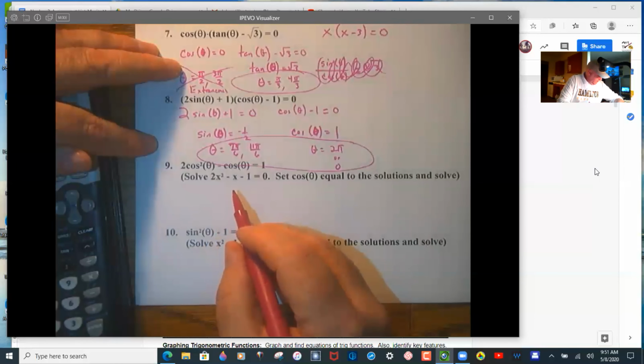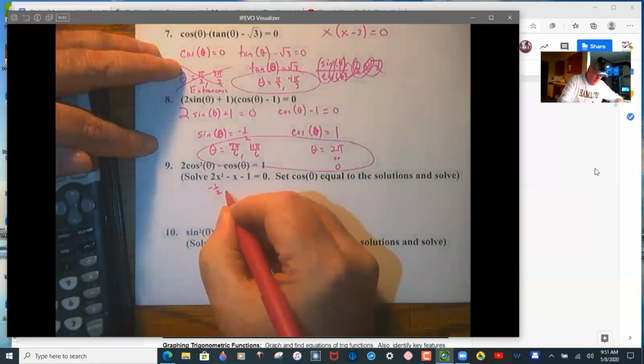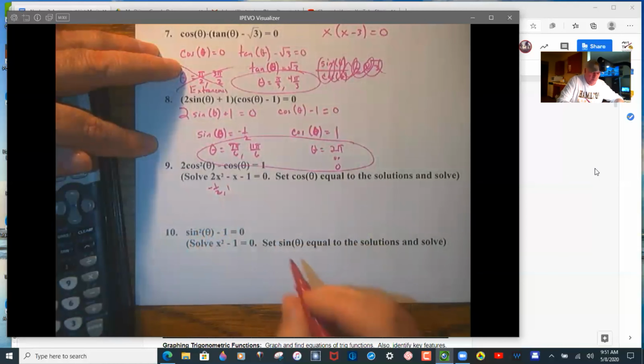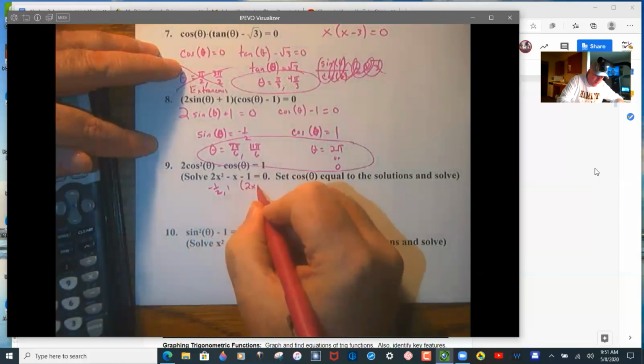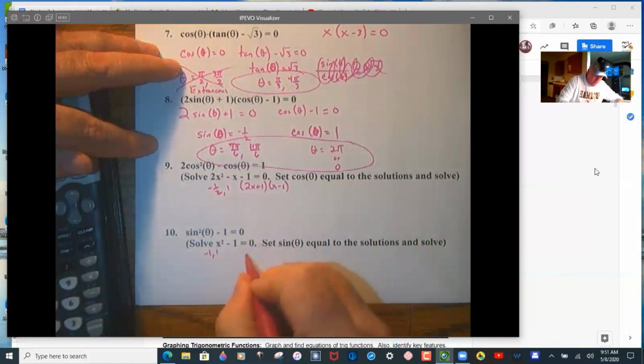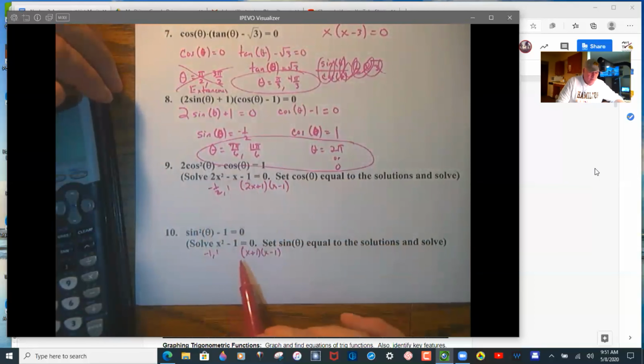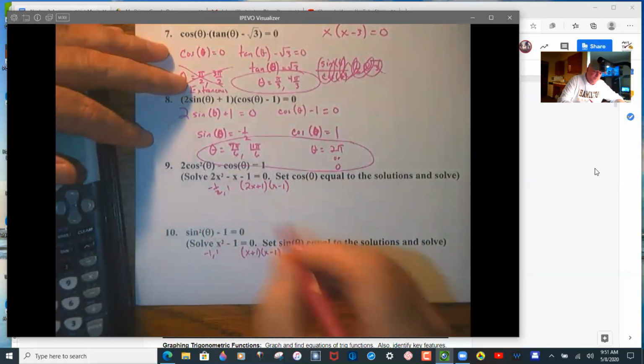So in factoring this, -1/2 and 1 are the 0s, so that makes the factors 2x plus 1 times x minus 1. Same idea down here. x plus 1 times x minus 1. That's how you would factor those. That's the hint in these. And so now all that happens is that the x becomes cosine here and the x becomes sine there. You just replace it.